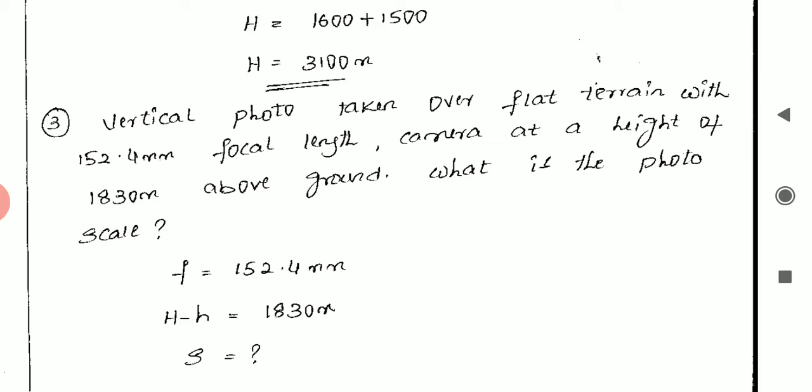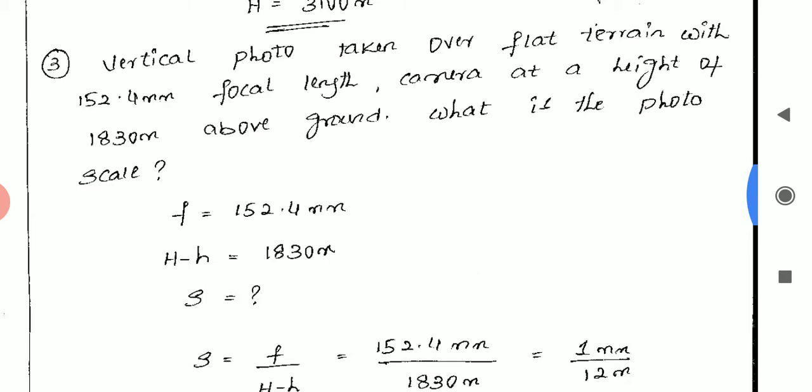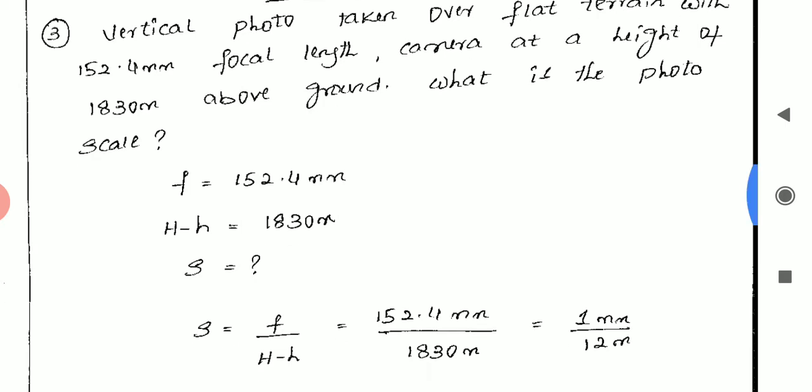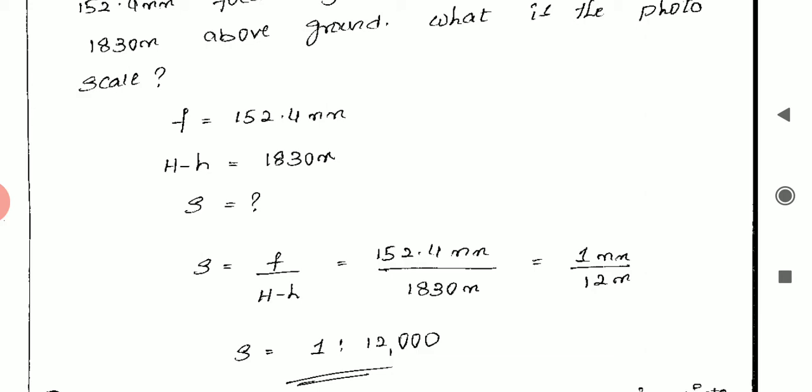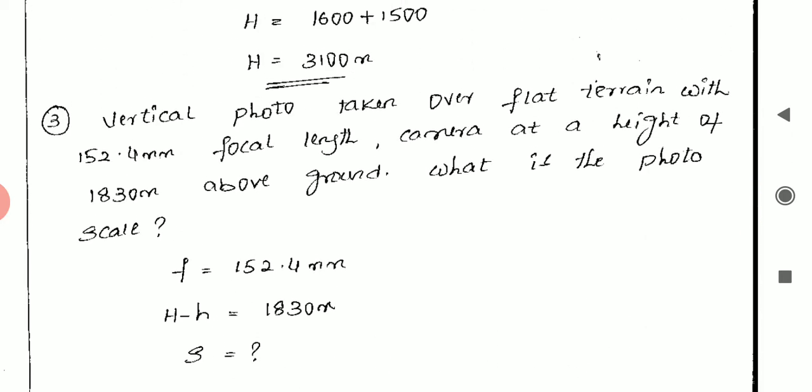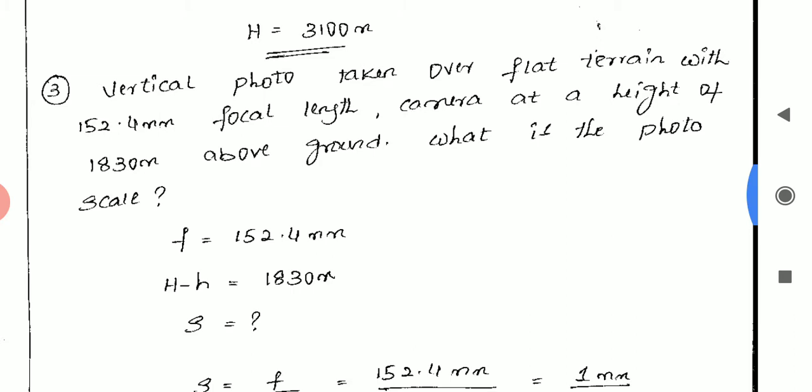Okay. Third problem. A vertical photo taken over a flat terrain with a 152.4 mm focal length camera at a height of 1830 meter above ground. What is the photo scale? Okay, in this case he mentioned photo scale S equal to. So f we know, and 1830, see here, camera at a height of 1830 above ground, no?